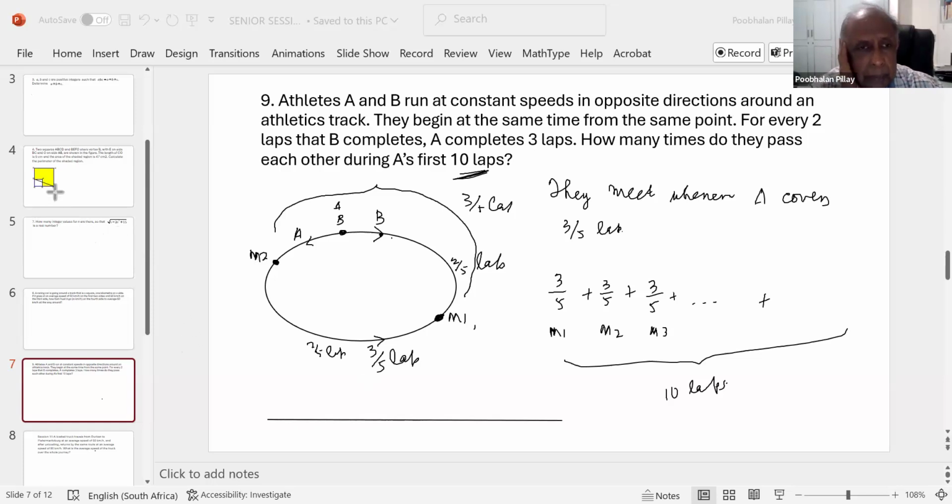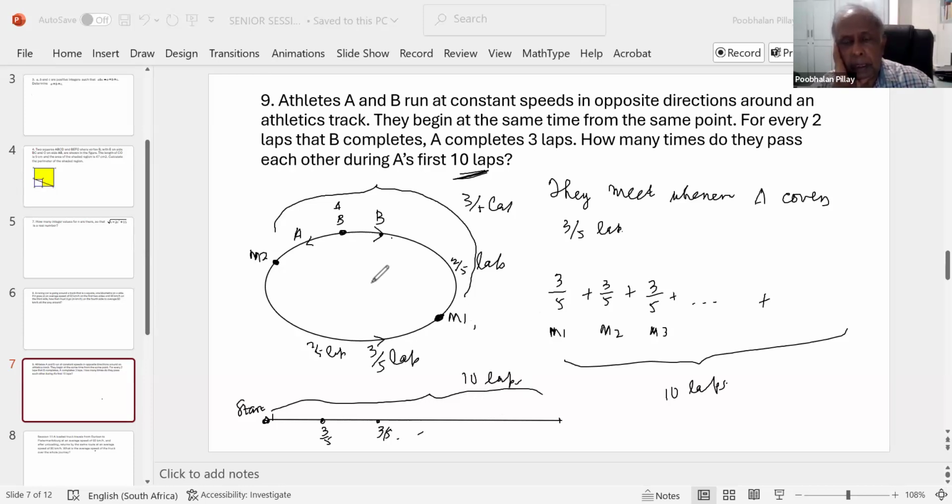Then there's your starting point, and after 3/5 of a lap, they meet once, another 3/5, they meet again, and so on. So if you've got 10 laps, how many 3/5 are there?